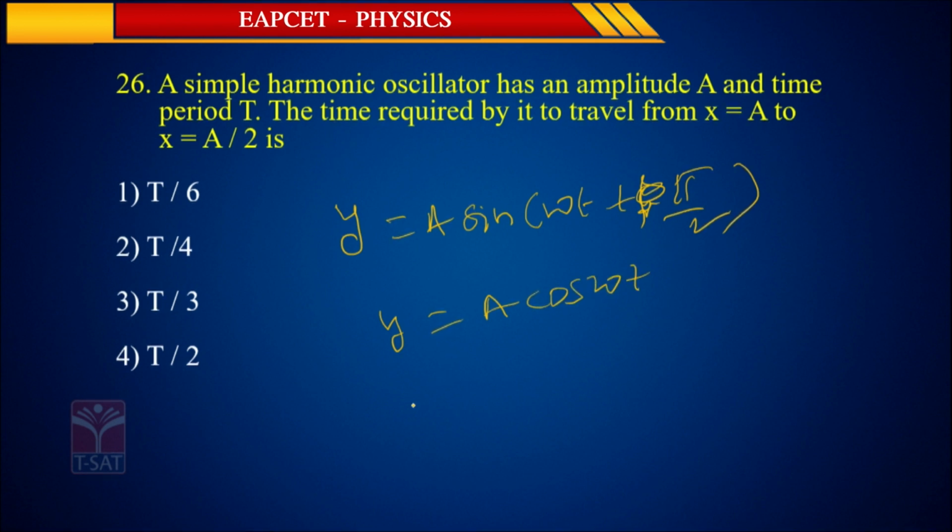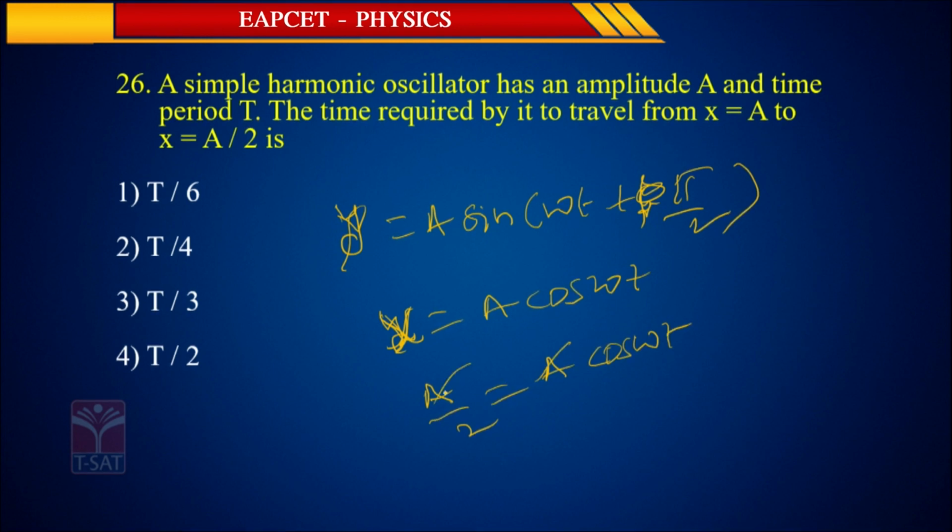Okay, children. Here y is equal to x is equal to A by 2. You can take that here, this is x, no problem about it. X or y, whatever it may be, you can take. Therefore, here A by 2 is equal to a cos omega t.